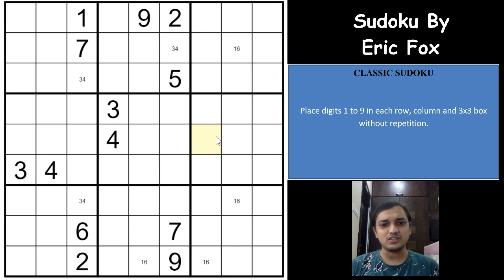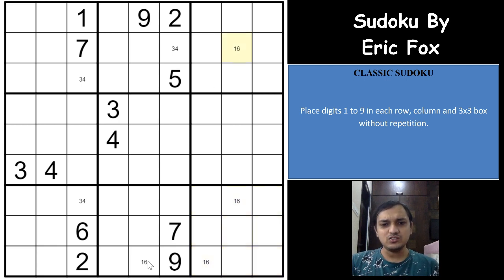and the extension is nothing but seeing a mutual cell, a common cell between the two same pairs of the digit of the cells, right? So if you see 1 and 6 here, there are only two possible places for 1 and 6 in this column, and two possible places for 1 and 6 in this row, and both of those columns and rows have 1 and 6 common in this box, right?